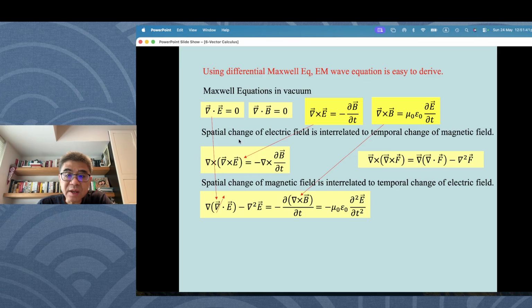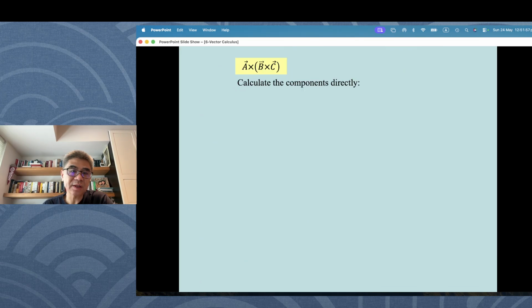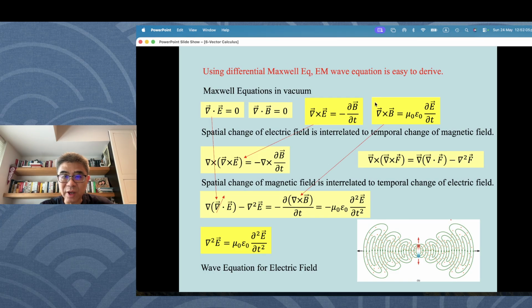The left hand side is a very complicated form, curl curl E. This is equal to grad divergence of E minus Laplacian E. Why? I have a derivation in the next page. I will derive first A cross B cross C because this is what we have here.